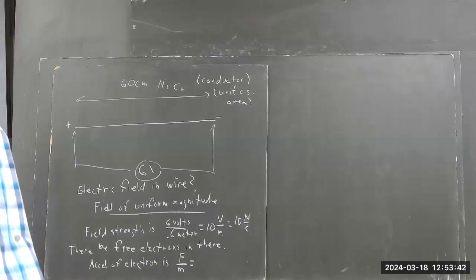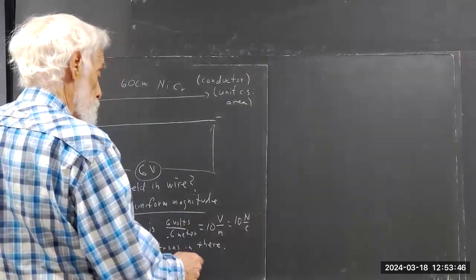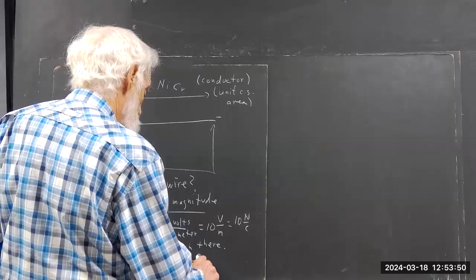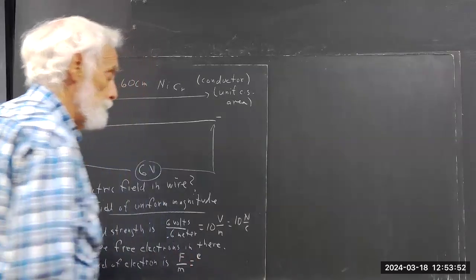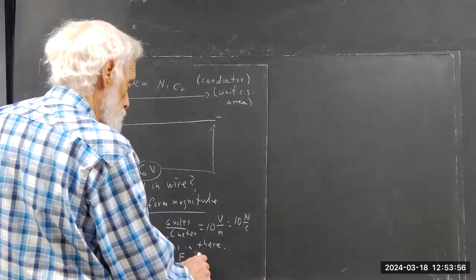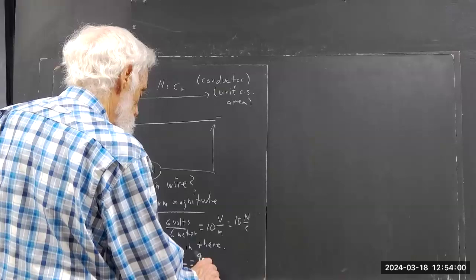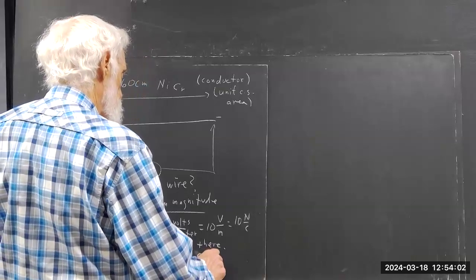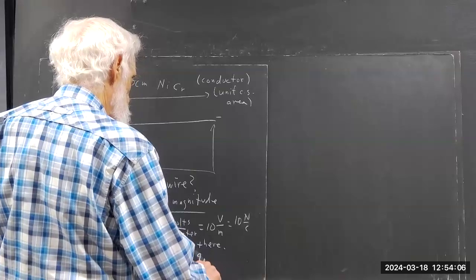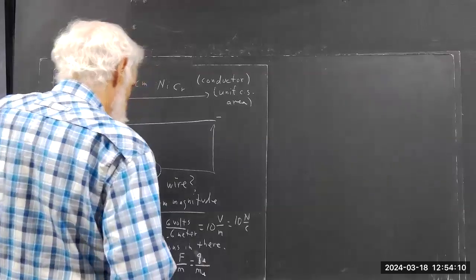Okay, so we get a very quick result here. It's the force on the electron, which is E, times the charge of an electron, or let's say Q sub E, over the mass of an electron.